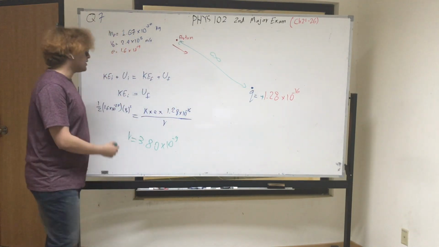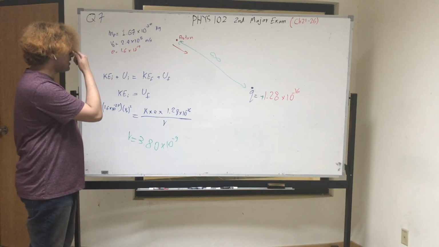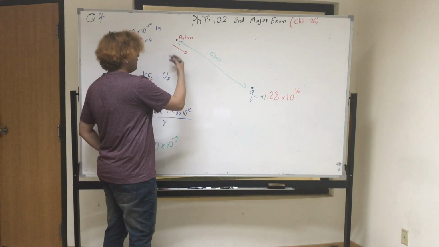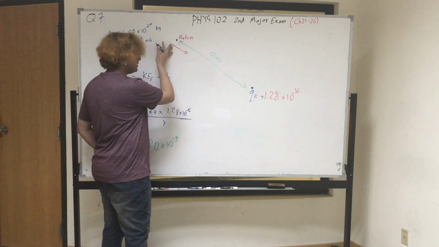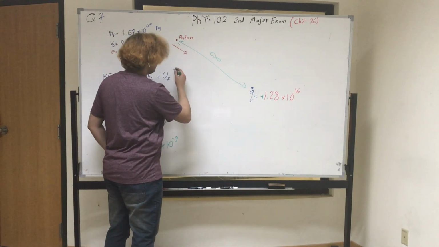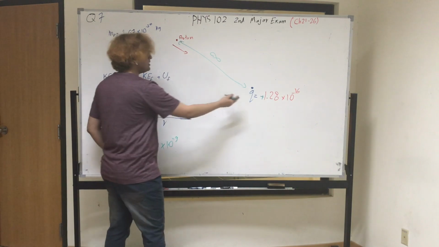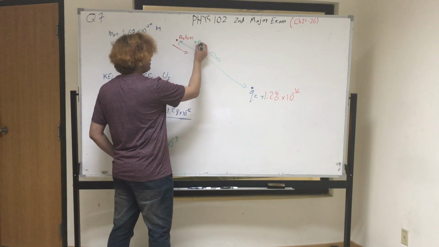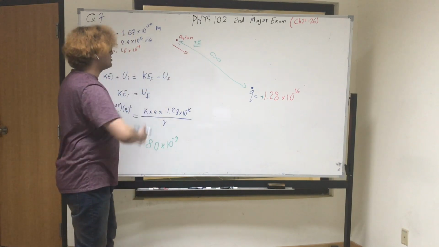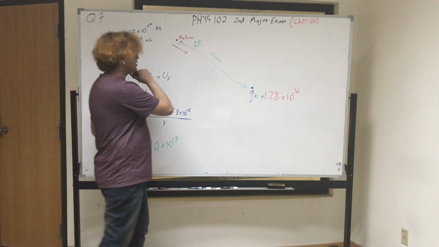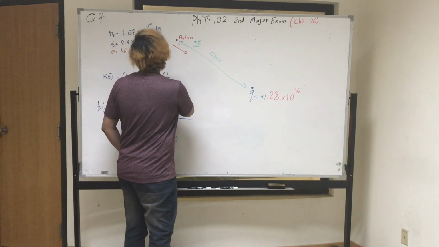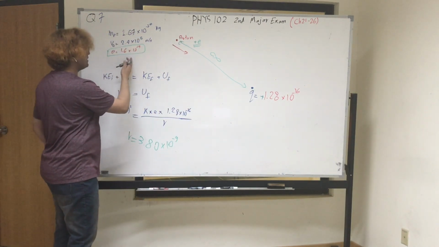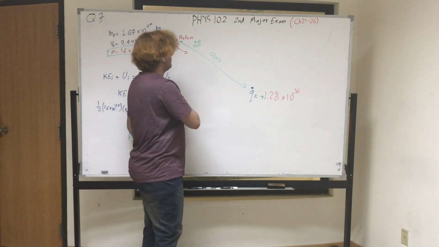It's so long that it's equal to infinity. So the question says that we have fired this proton directly towards this charge. We know the proton has a charge of positive e, the fundamental charge, which is equal to 1.6 times 10 to the negative 19.